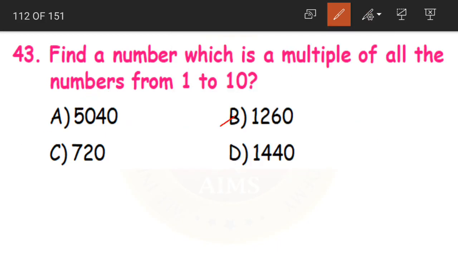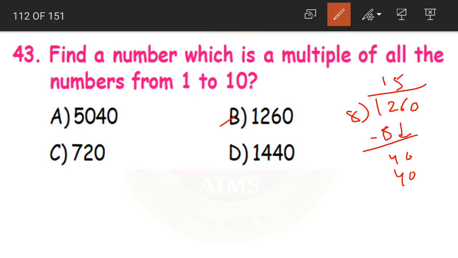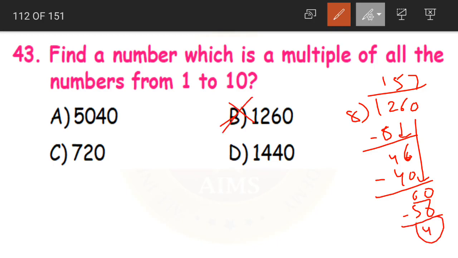Now coming to option B, 1260. Is it divisible by 8? No, it is not divisible by 8 as the remainder is not equal to 0. So even option B is crossed out.